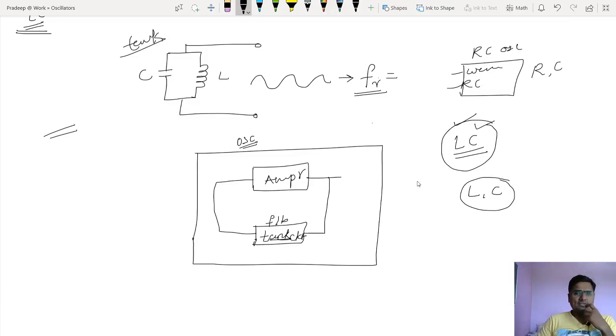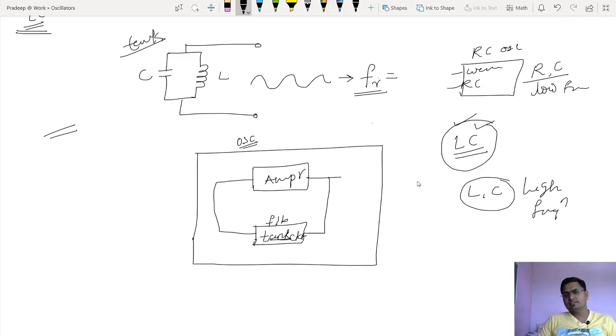Depending on that, we have classified RC oscillators and LC oscillators. If I am using capacitor and inductor in the feedback network, it becomes an LC oscillator, and if I am connecting capacitor and resistor in the feedback network, they are RC oscillators. RC oscillators are generally low frequency oscillators, and LC oscillators we refer to as high frequency oscillators.